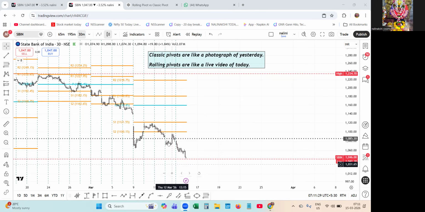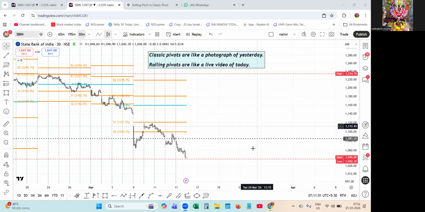See, here I have applied the pivot indicator which is available on TradingView. You can see the pivots. I am on the 30 minutes chart. When you are trading intraday, you are getting a pivot for 4 days.